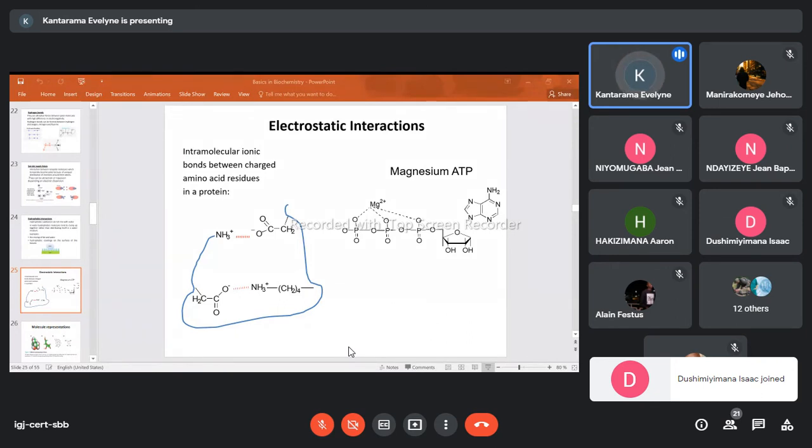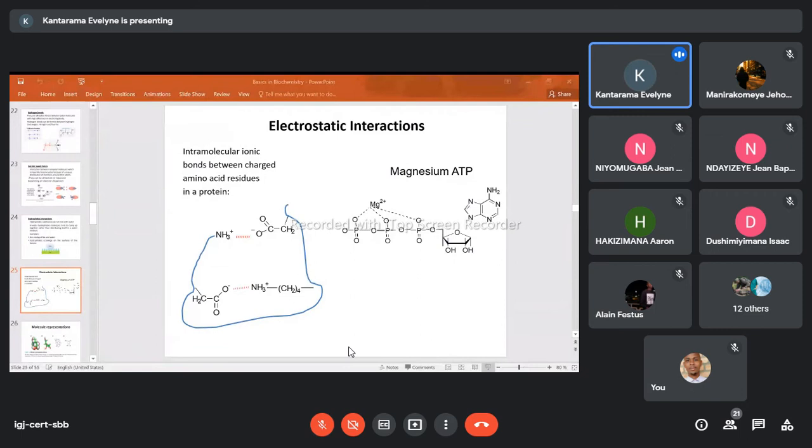This is the case of a polypeptide, where in the same molecule the amine group and the carboxyl group interact. This is another example of the ATP complex with the magnesium. Magnesium is attracted to the negative charge of oxygen in the phosphate group.